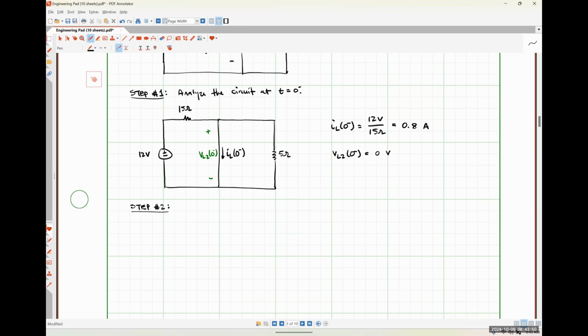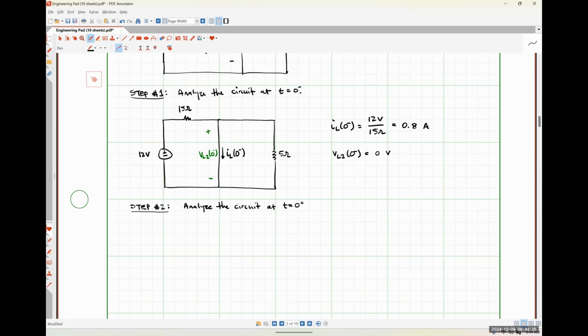So for our second step, we are going to analyze the circuit at a very specific instant in time. T is equal to 0 plus. So T is equal to 0 plus represents the exact moment after our switch has changed states.